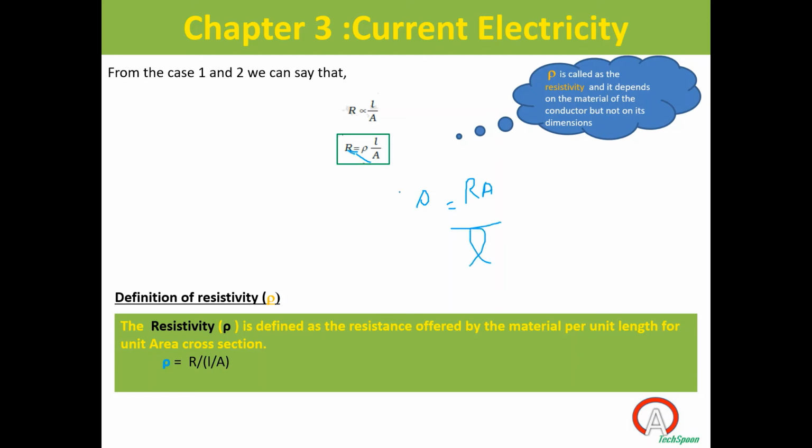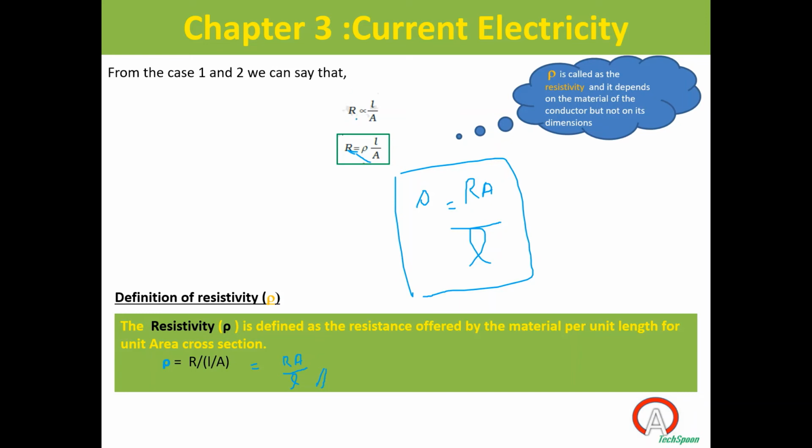So first we need to find out the resistance, which is equal to R into A divided by L. Whenever they ask for the equation for resistivity, first recollect the equation for resistance.